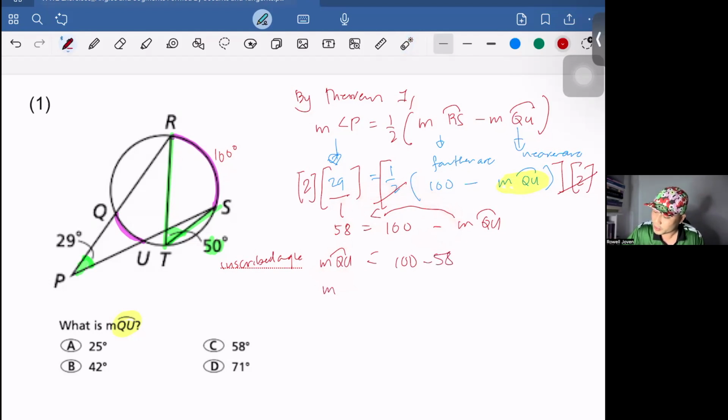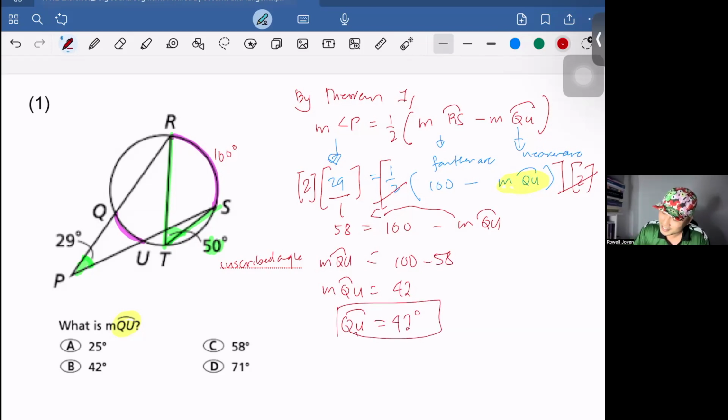So therefore, the measure of RQU is 100 minus 58, which is 42. Therefore, the measure of RQU is 42 degrees. And that is not letter C, that's letter B. That's the final answer.